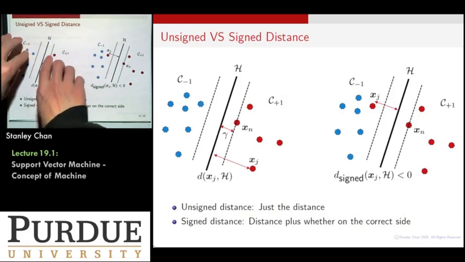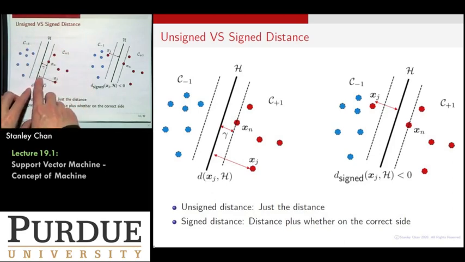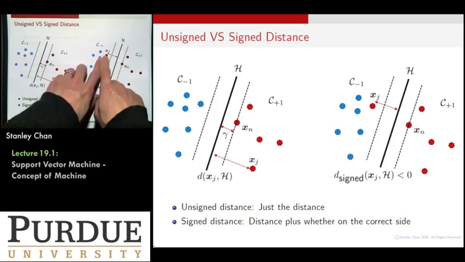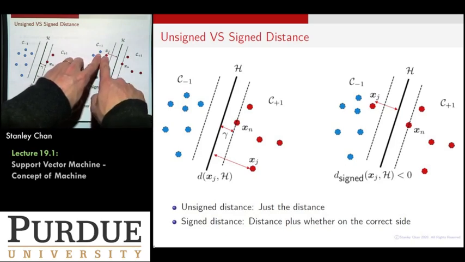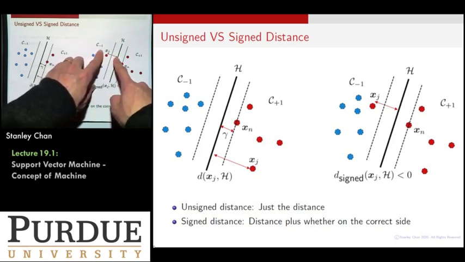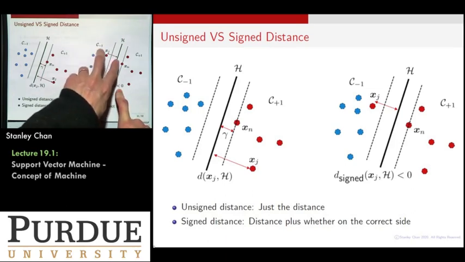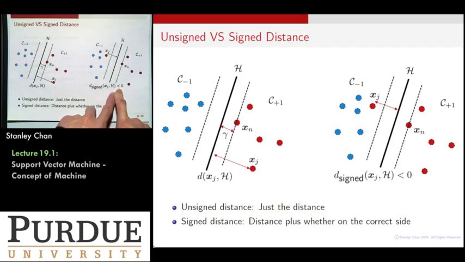In this example, the blue and the red data points are correctly classified, and so all the signed distances are positive. Here you have one point, xj, that is located on the wrong side of the separating hyperplane. And therefore, if you calculate the signed distance of this xj compared to the separating hyperplane, you will get a negative number. Of course, if you just calculate the unsigned distance, that will still be a positive number. However, since this data point is misclassified, you get a negative value.